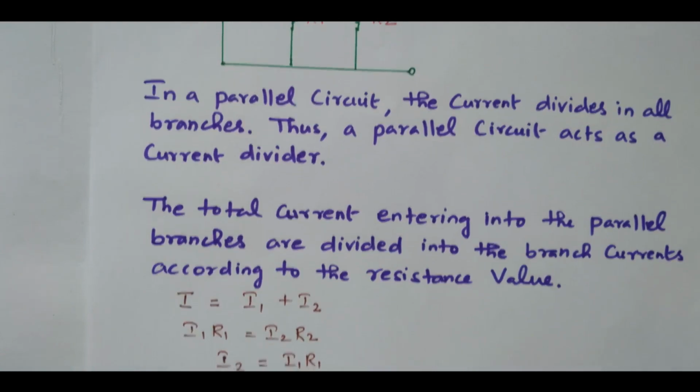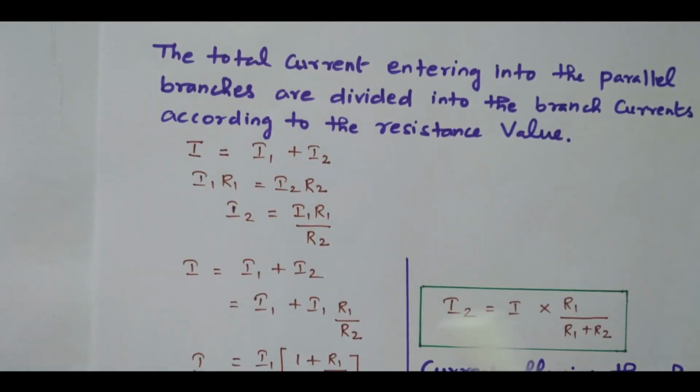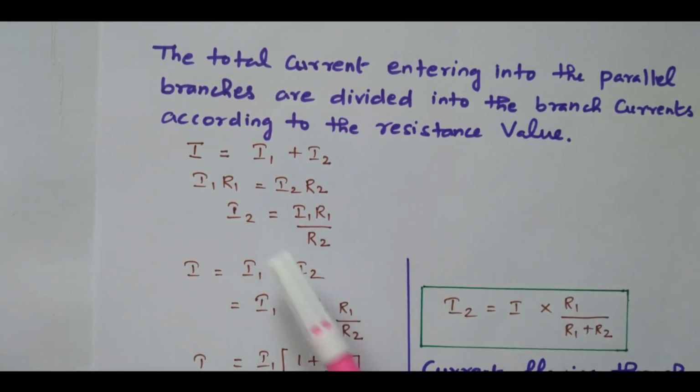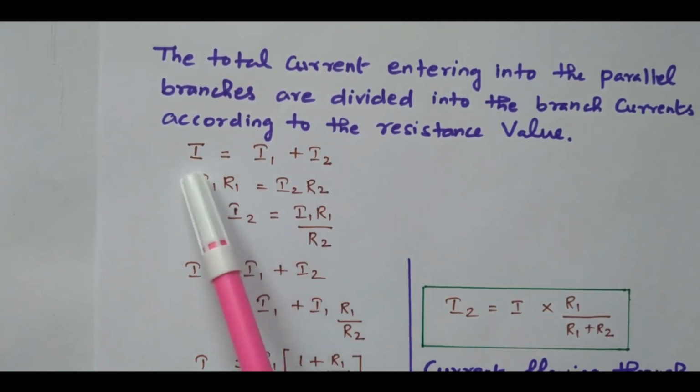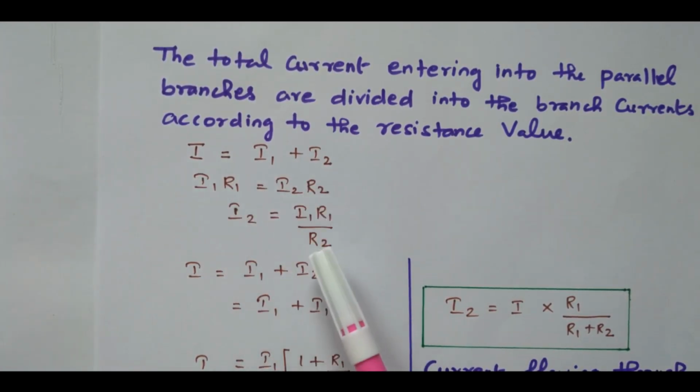So based on that we can write I1 R1 equals I2 R2. From that, I2 equals, bringing R2 here, I1 R1 divided by R2. Based on the voltage drop across both resistors being equal, we formed this equation, and from that we calculated I2.